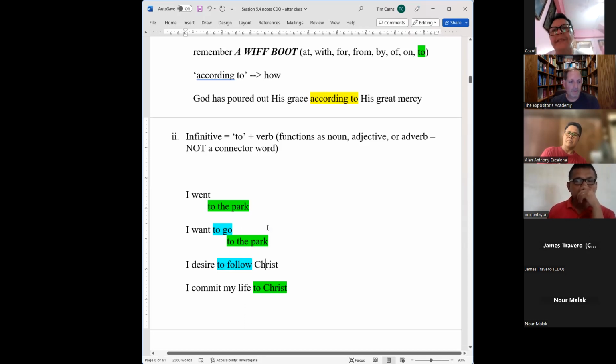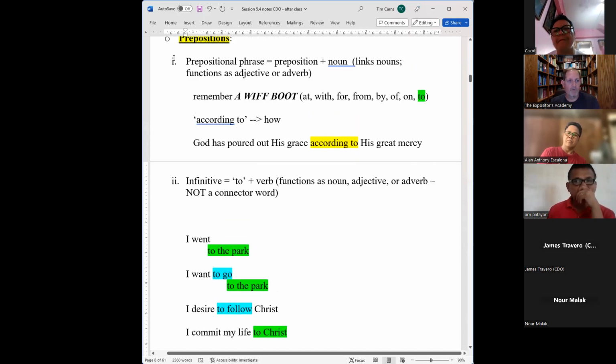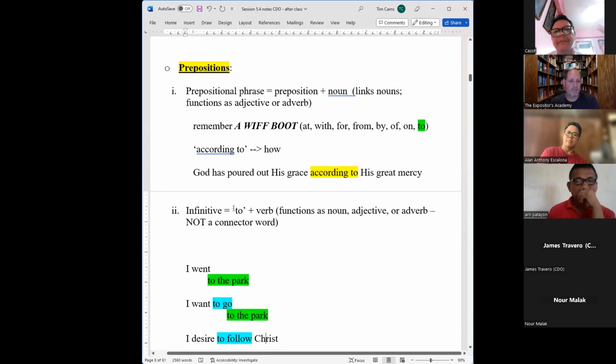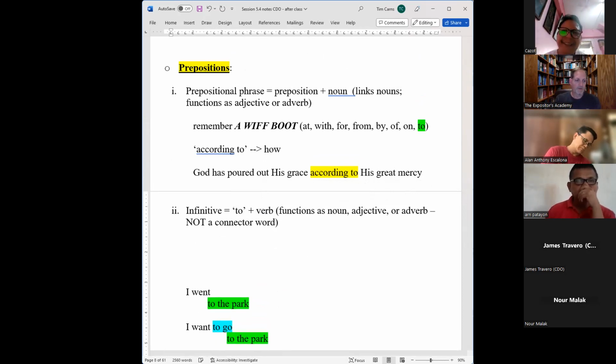Okay, so keep that in mind when you're looking for prepositions and you see that preposition to, don't automatically say, oh, prepositional phrase. It may be an infinitive. And the easy way to figure that out is just look, is there a verb right after? Okay. So to bed, that's a prepositional phrase because bed is a noun.